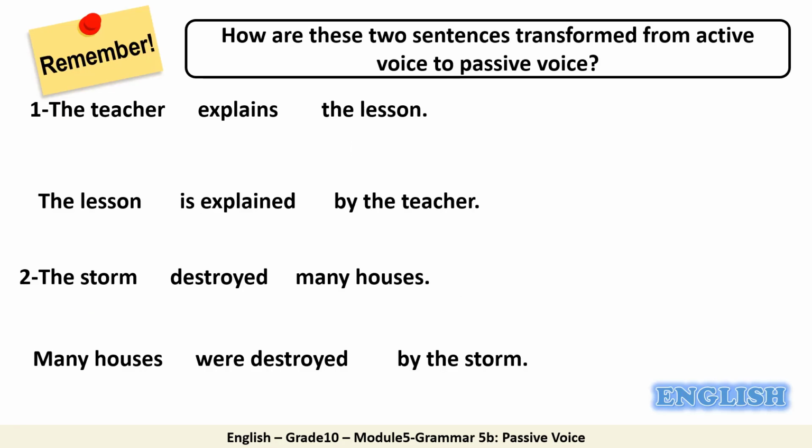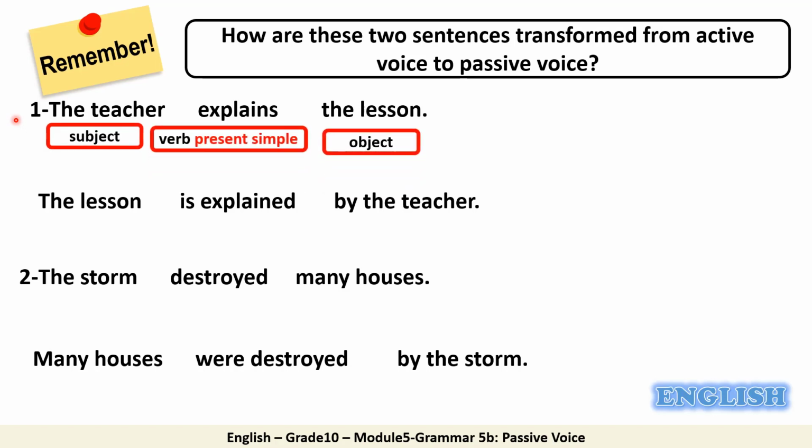How are these two sentences transformed from active voice to passive voice? Pause the video, read the sentences and find out. Time to share answers. So the first example, the teacher explains the lesson. I need to identify the components of the sentence. So I have the teacher is the subject, explains is the verb in the present simple tense, and the lesson is the object.